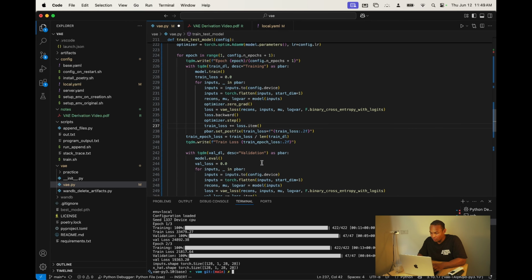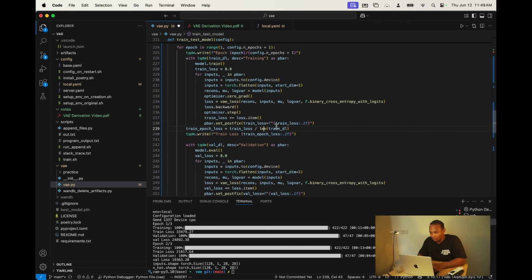All right, so this looks good. For this train loss, I want to show the average loss thus far. This is just showing the sum, so I'm going to divide this by the number of batches thus far, the batch index.